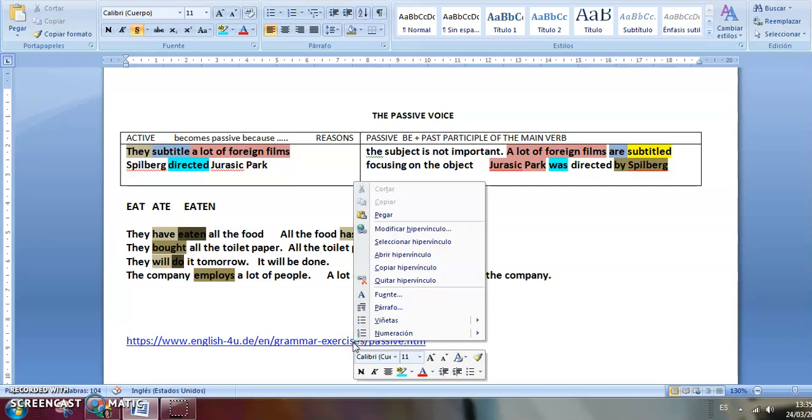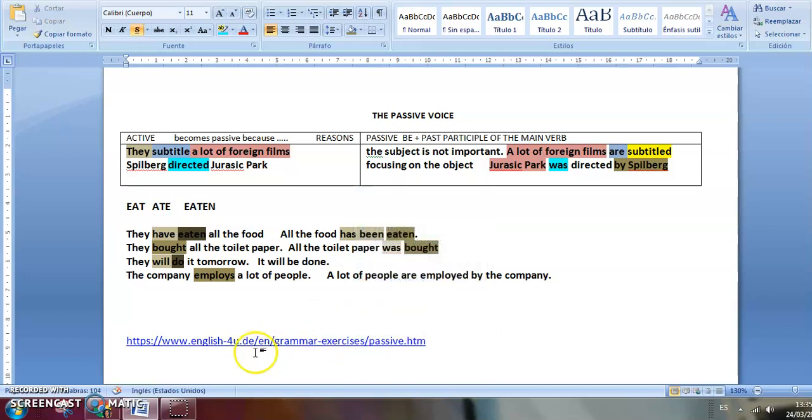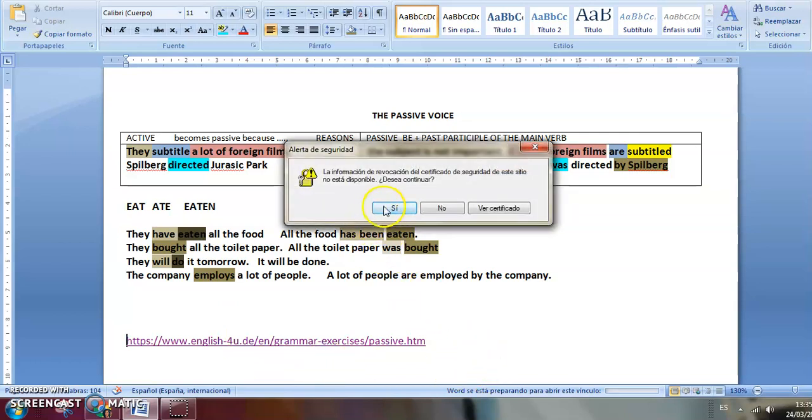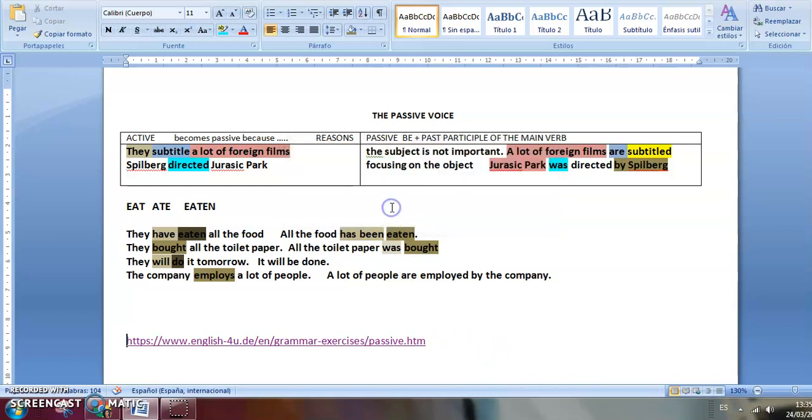And I'll do it, and later on you will do it by yourself, right? Here we are. It's an exercise that you have online, but it's very easy to do.